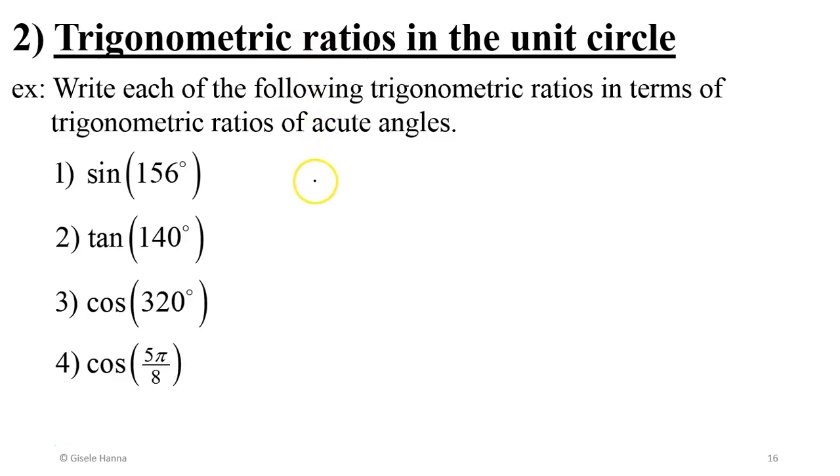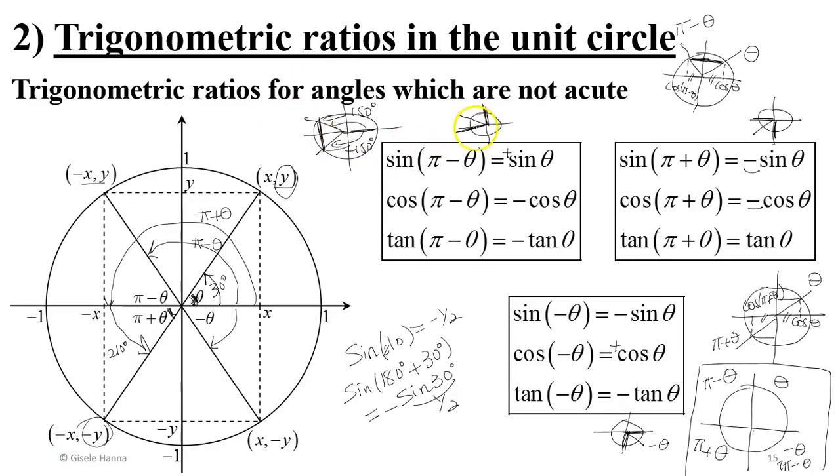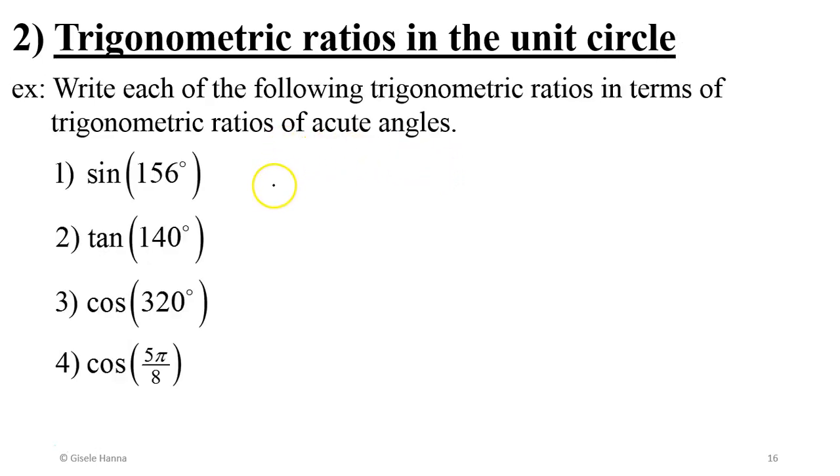However, if we move to the next example, we need to write each of the following trigonometric ratios in terms of the trigonometric ratios of acute angles, which means we need to use these identities. So we either need to use opposite angles, or 180 minus, or 180 plus. Which angle, plus or minus, gives me 156?